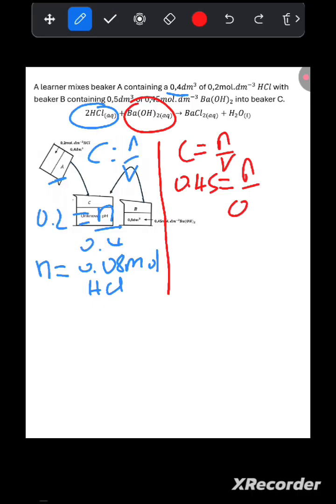Pardon me, 0.5. So the number of moles, if we check there, we get 0.225 moles.